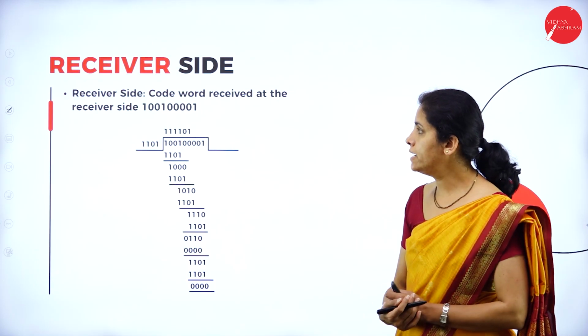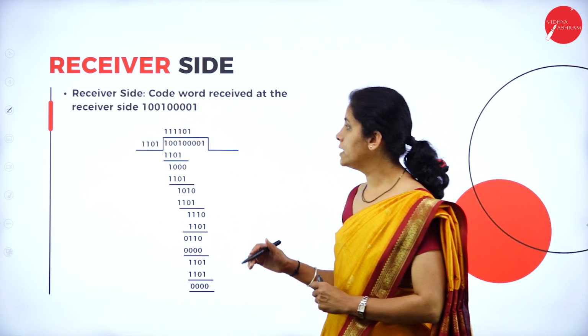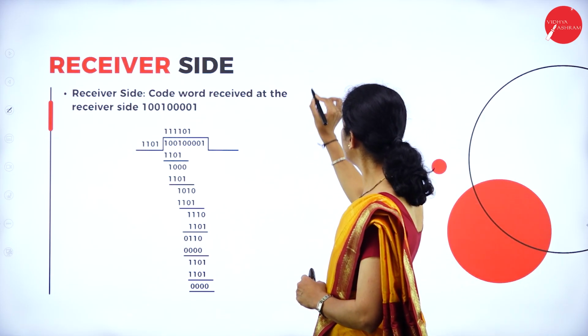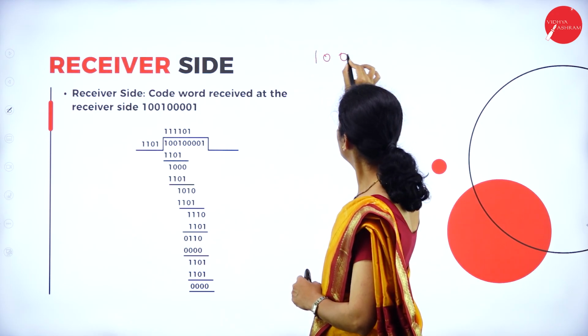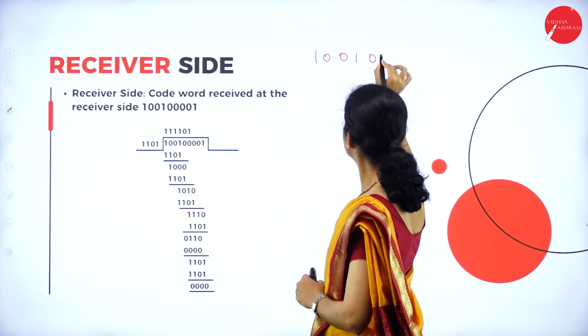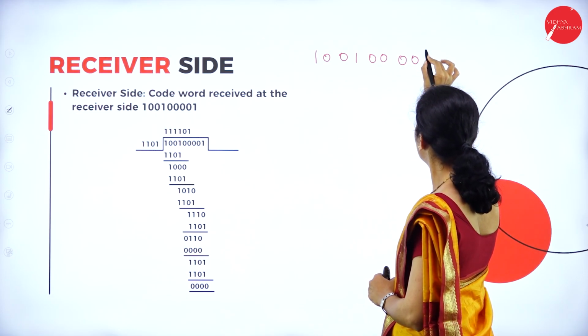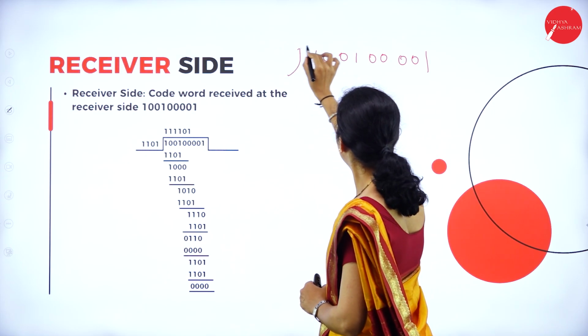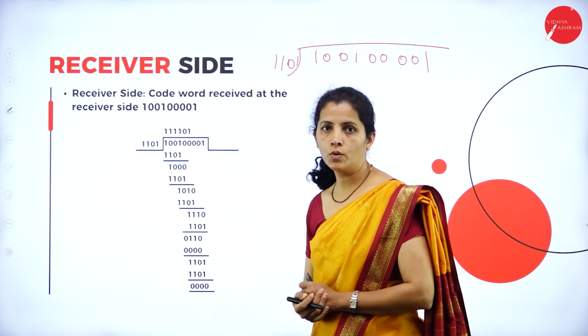At the receiver side, the receiver is going to receive the data. What is the data received by the receiver? That is 1 0 0 1 0 0 0 0 1 divided by 1 1 0 1. Okay, fine.